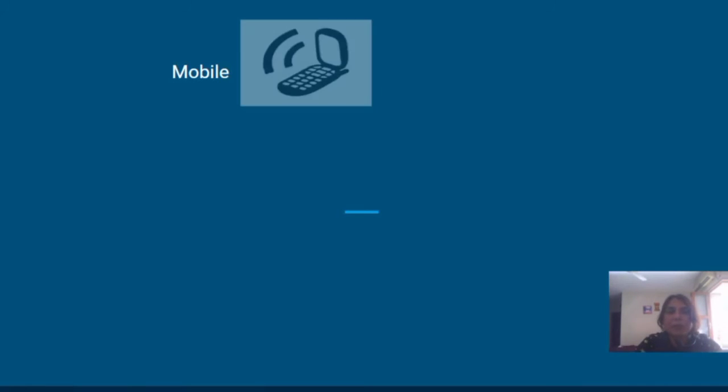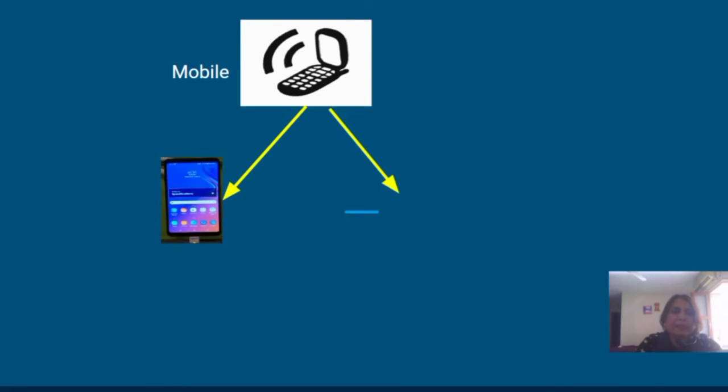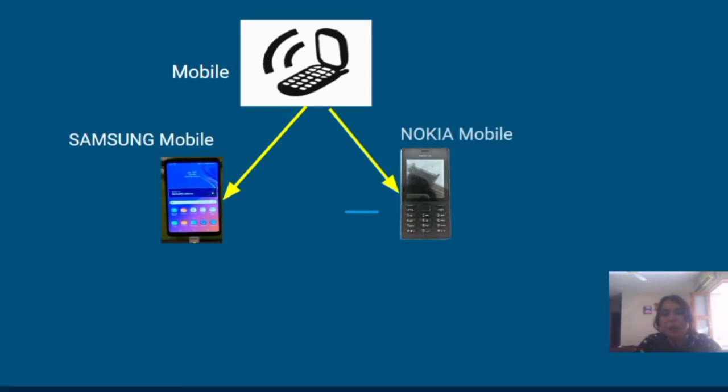Now let's go with another example, that is my favorite, mobile. We have a mobile. The mobile has two types of company. Here we are seeing the hierarchical combination, Samsung Mobile and Nokia Mobile. Both of these belong to which parent?